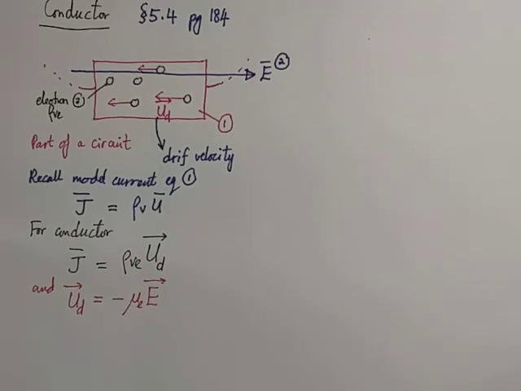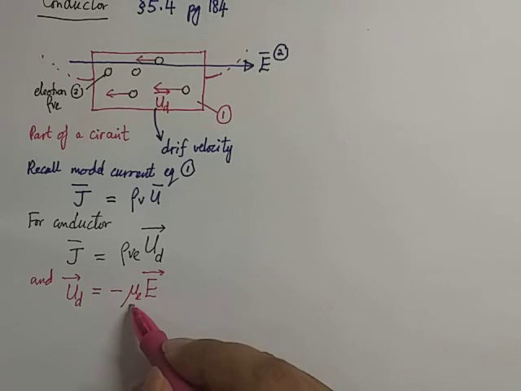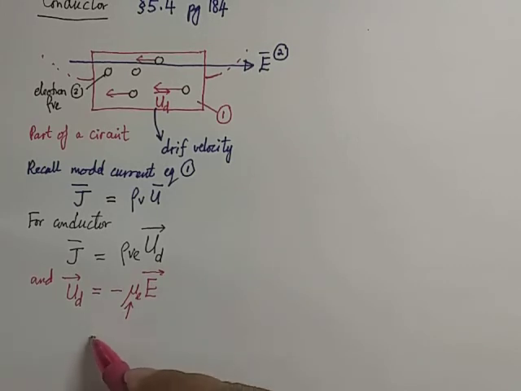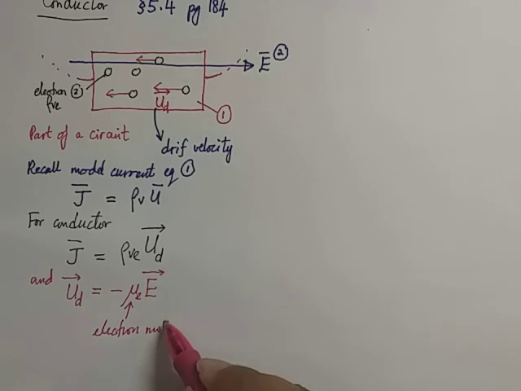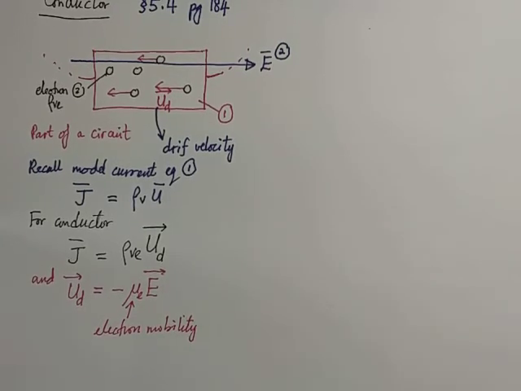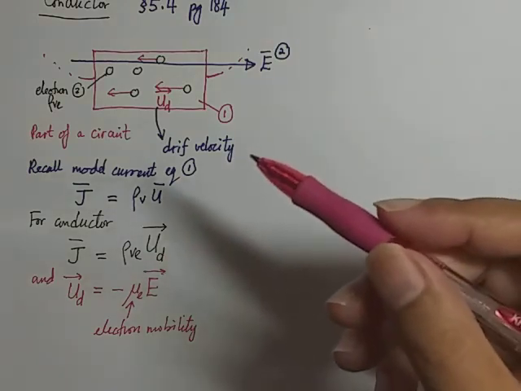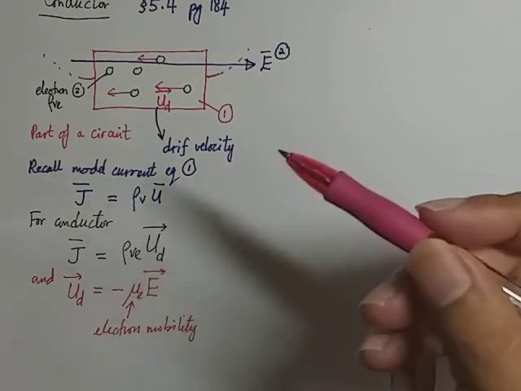What does mu E stand for? This is known as electron mobility. In other words, how easily the electron moves in that medium. Different conductors will have different values of electron mobility.